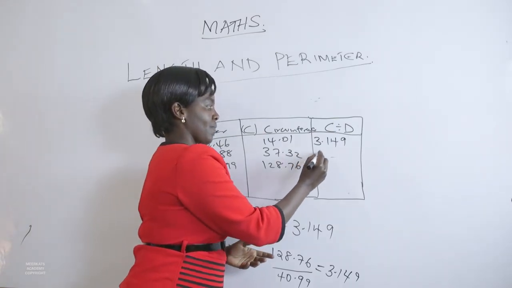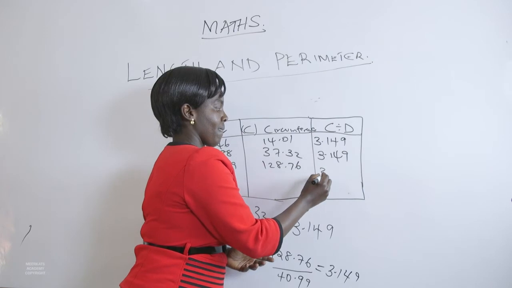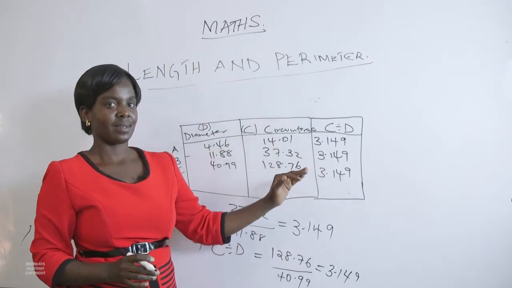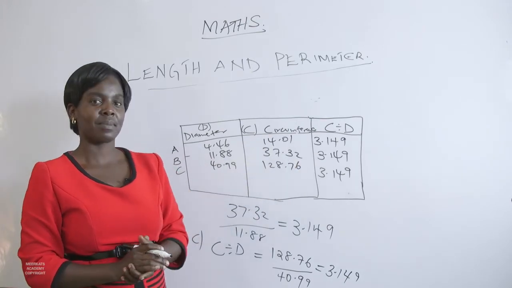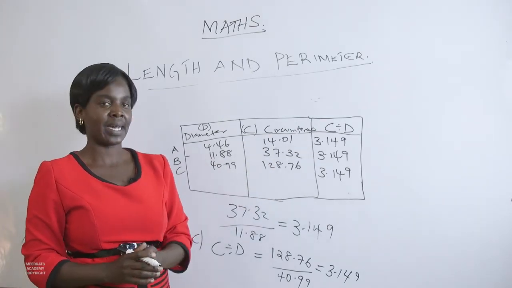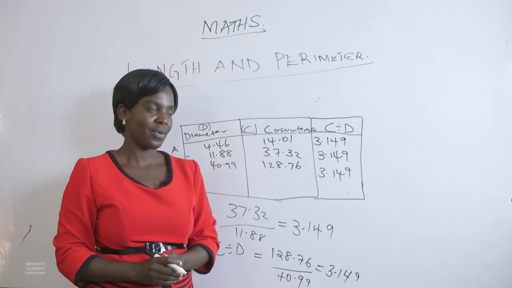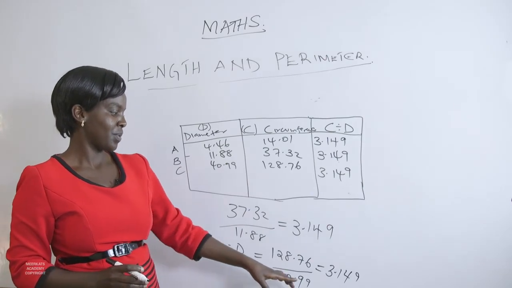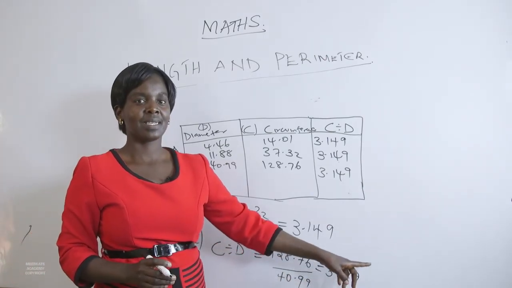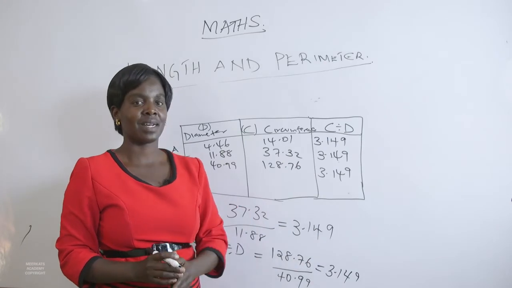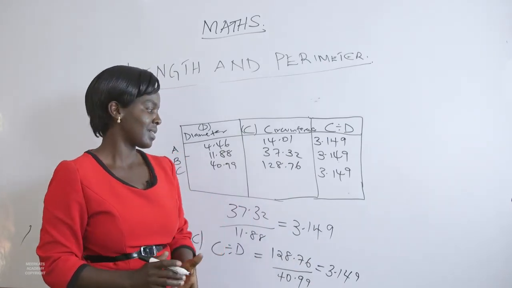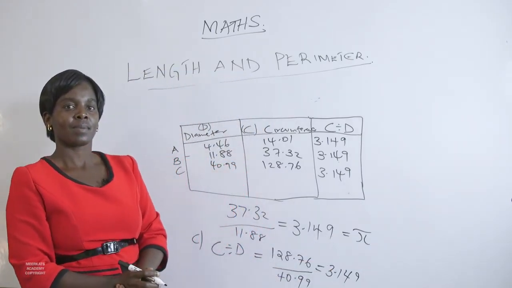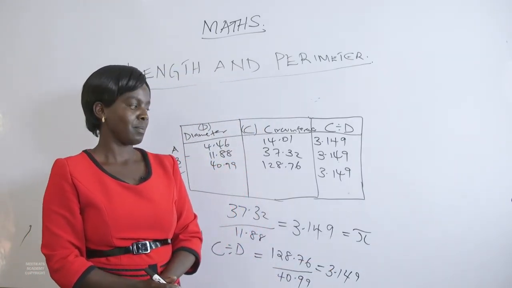So all of them will give us the same value, that is 3.149. This 3.149 is what has been referred to as a constant that is called pi.